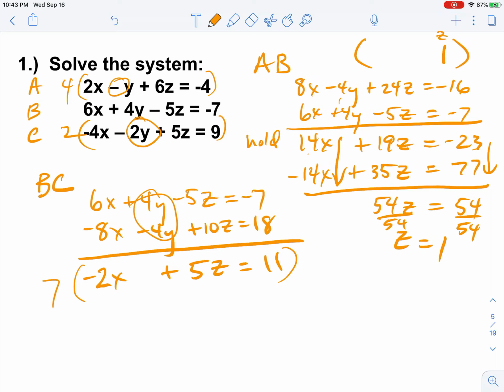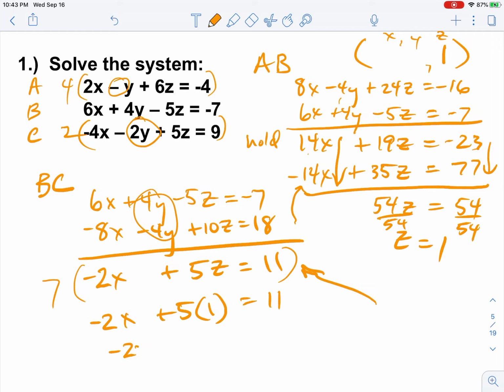I have a 1 in for my z. I still need to find x and y. So I'm going to go back to one of these equations that I solved for here. I'm going to go back to this one without the 7 because it just complicates it. I could do that and put it in here, but it's harder to multiply. So I take negative 2 times x plus 5 times z, which is 1.